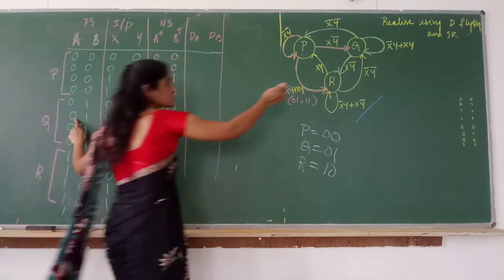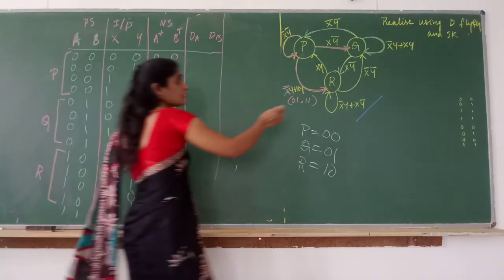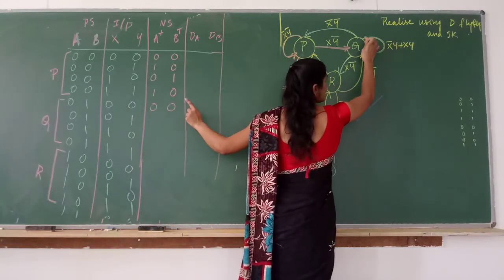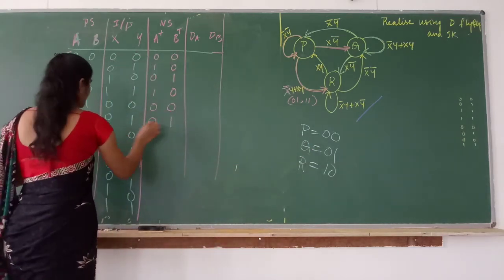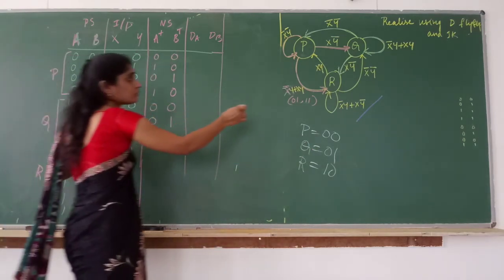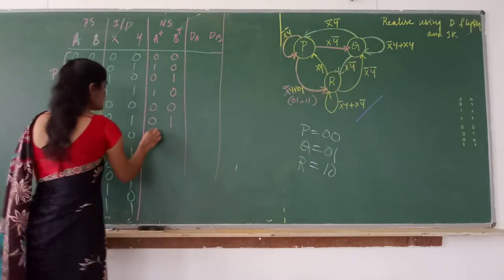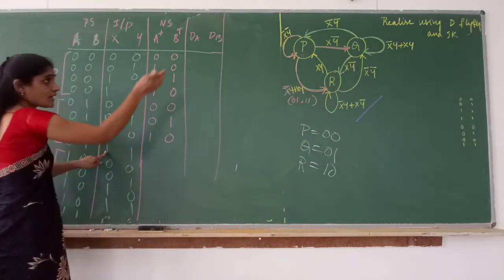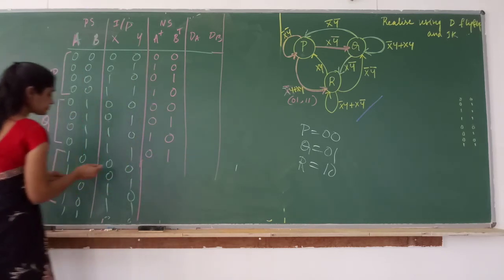If present state is Q, if x is 0, y is 1, transition to the same state. Q. Q is what? 0, 1. 1, 0, transition to R. What is R? 1, 0. 1, 1, transition to the same state. Q. What is Q? 0, 1.